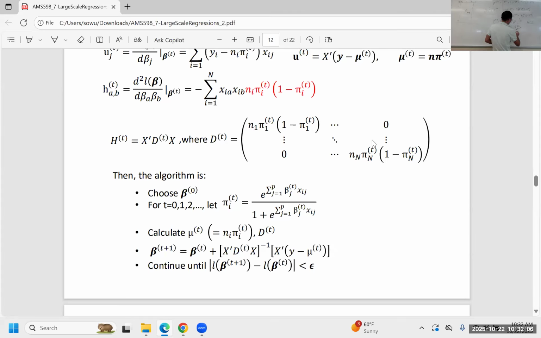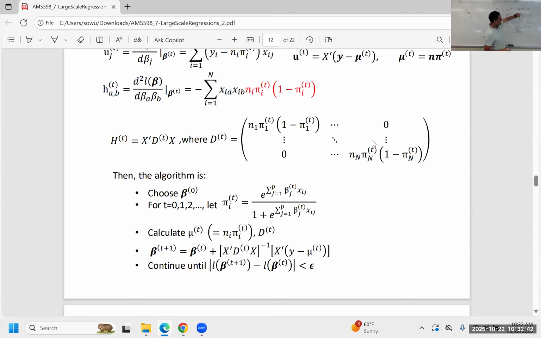This is equal to the logit of pi i, which is log of pi i t over 1 minus pi i t. Remember, this is a logistic regression, so xi beta is indeed equal to this. Then the numerator is yi minus pi i t, and the denominator is this diagonal matrix inverse.